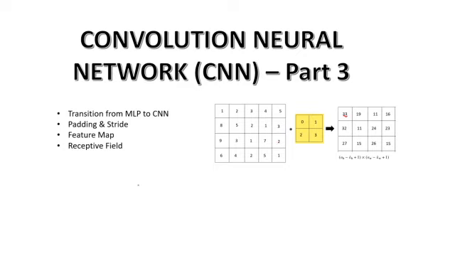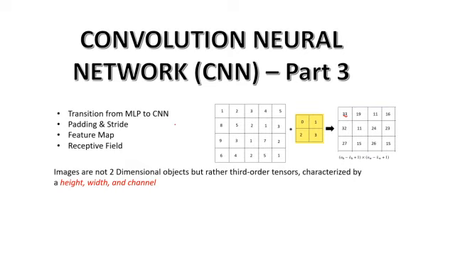That is, apart from height and width, an image consists of three channels: red, green, and blue, which means that the images, instead of being two-dimensional objects, will rather be represented as a three-dimensional tensor, which is characterized by a height, width, and channel.